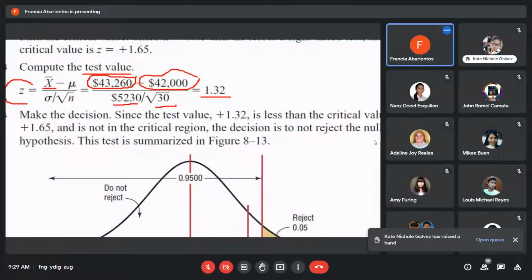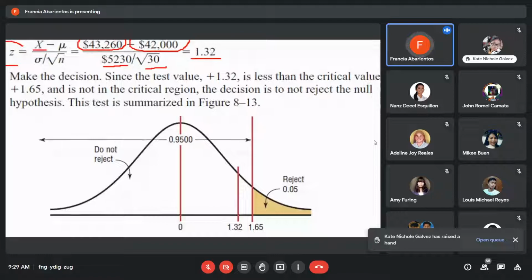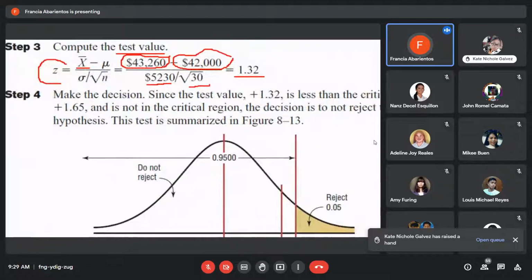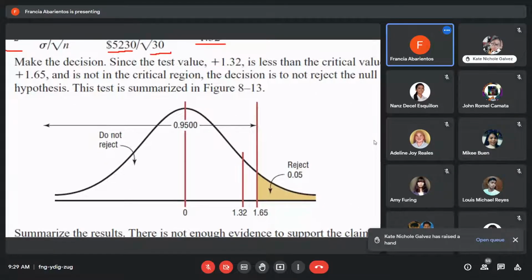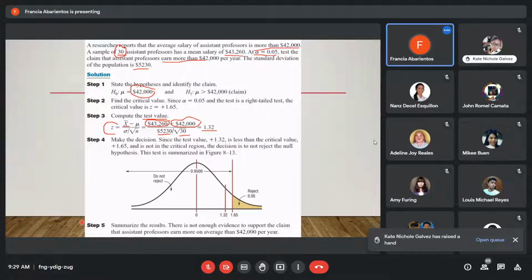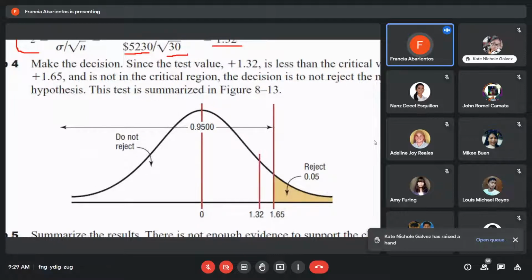Since step 4, we need now to make a decision. Since the test value now is 1.32, which is less than the critical value. Ito na, class. Yung nakuha natin, 1.32. So, na-compute natin, class, is 1.32.